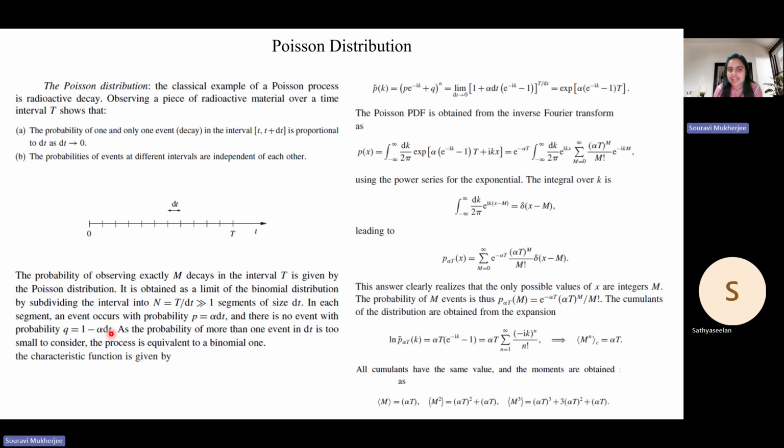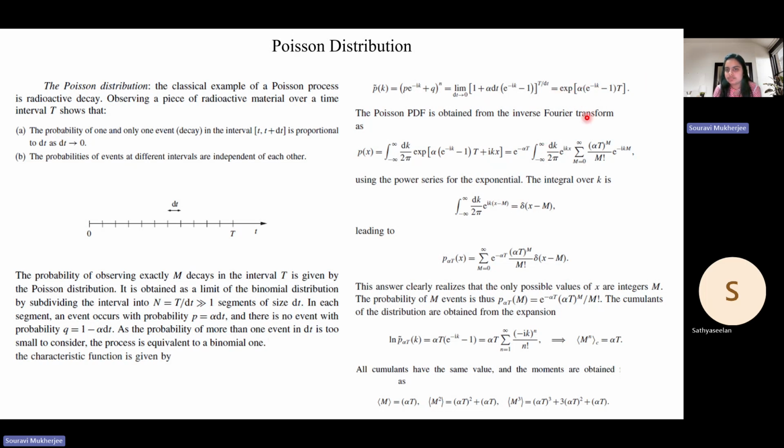Now you can have n such small intervals, where n is quite large, or you can say the individual dt intervals are very small, dt tends to 0. Then you would define the characteristic function as something like this. It again has a form similar to the binomial distribution. Now you can replace p and q, and n is nothing but the total time interval T divided by dt, the individual time intervals. So this is how it looks.